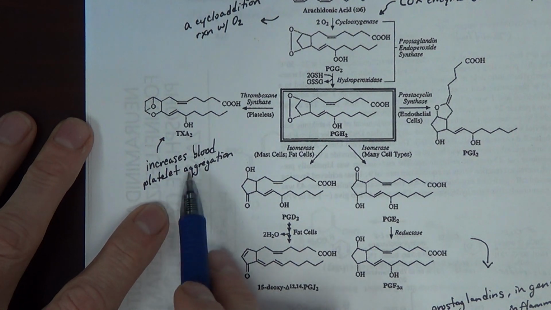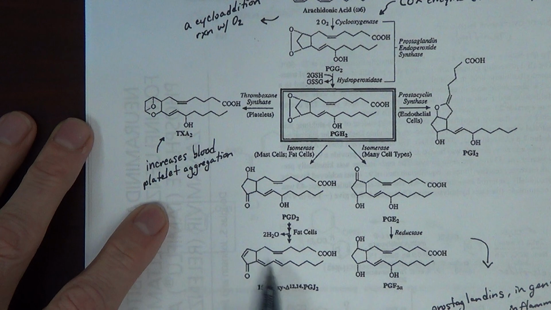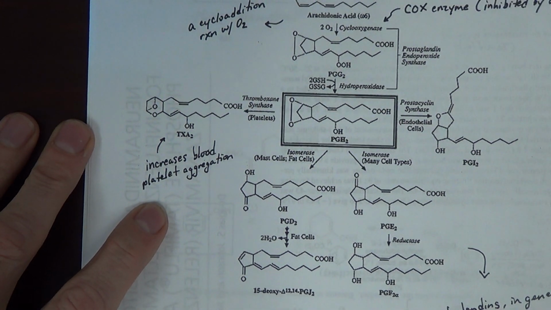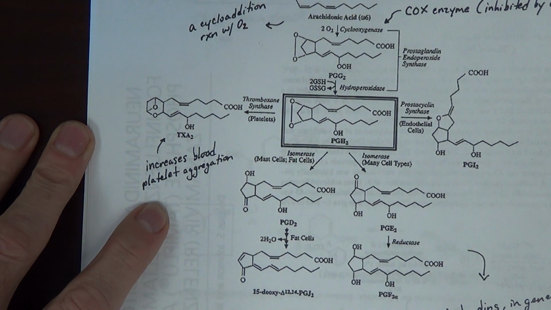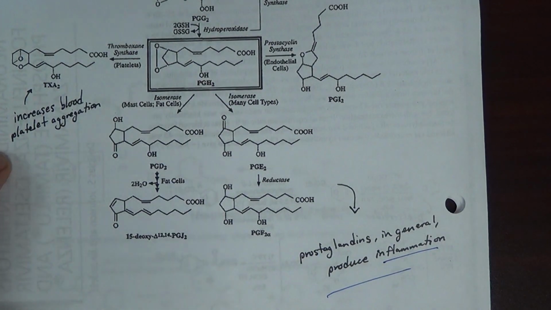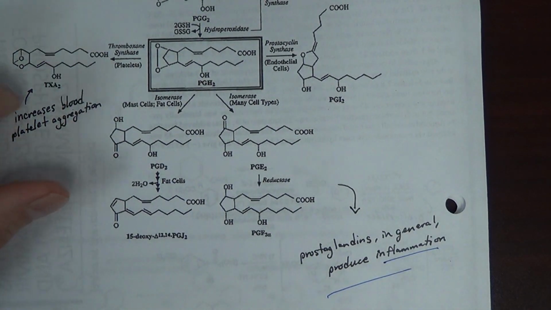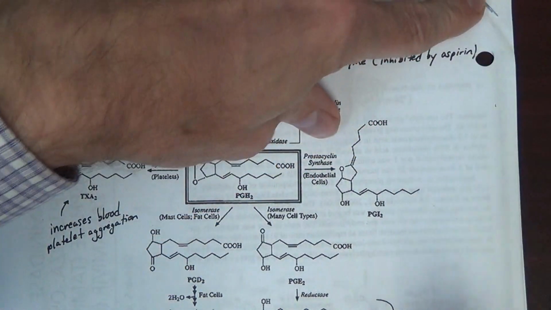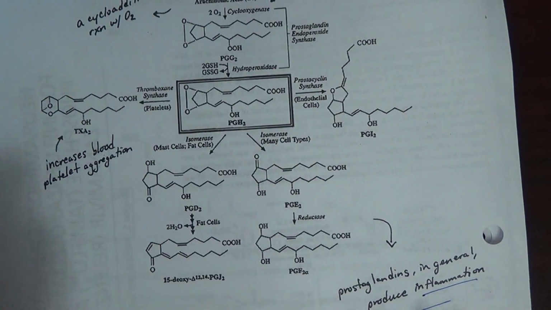They help promote that. They're also involved in some inflammatory responses and also perhaps in production of pain, but inflammation, yeah. Inflammation and blood clotting. And a drug that we use to treat both of these things is aspirin.